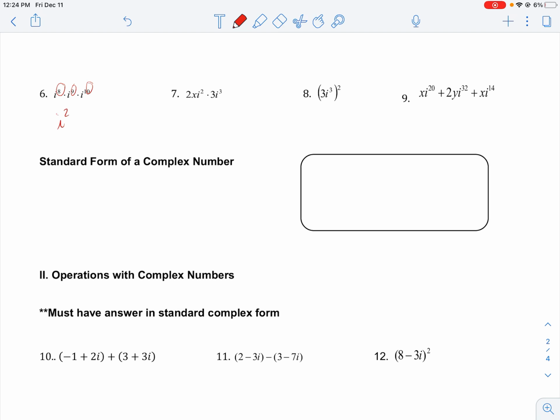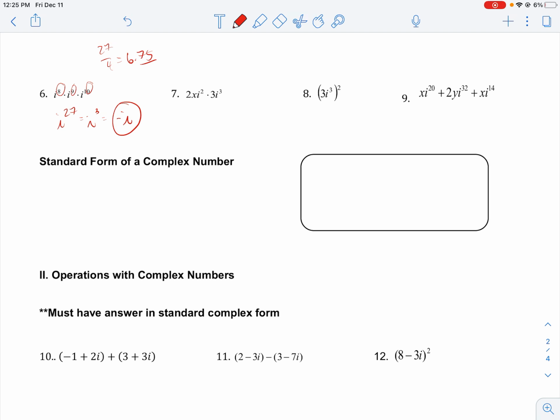So we end up getting i to the 27th power, which 27 divided by 4 should be 6.75, if I'm not mistaken. So you have a remainder of 0.75, which means i to the 27th is just equal to i to the 3rd, which is equal to a -i.